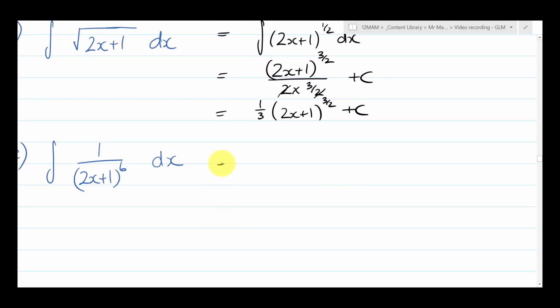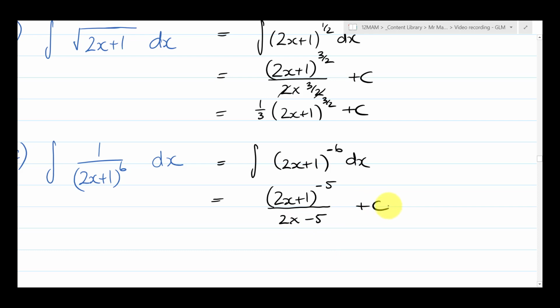And this last one has a negative power, and so we have the integral of 1 over (2x + 1) to the power of 6, which is the integral of (2x + 1) to the power of negative 6 dx, and that's equal to (2x + 1) to the power of negative 5, I've increased by 1, divided by 2 times negative 5, the new power, plus c.